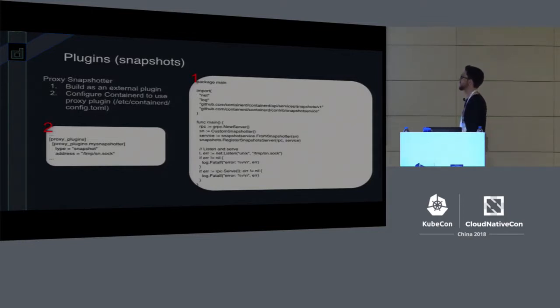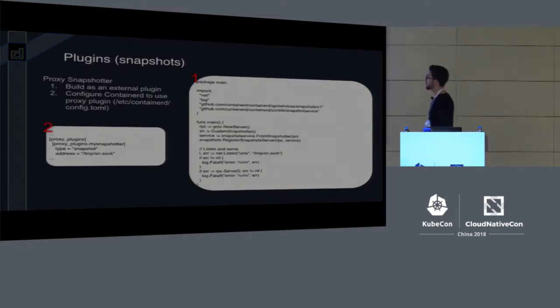Today we have maybe three or four snapshotters built in. The main ones are OverlayFS, which is the most popular, and the native driver, which is just flat, where every layer is the full flat structure, kind of like the naive driver in Docker.